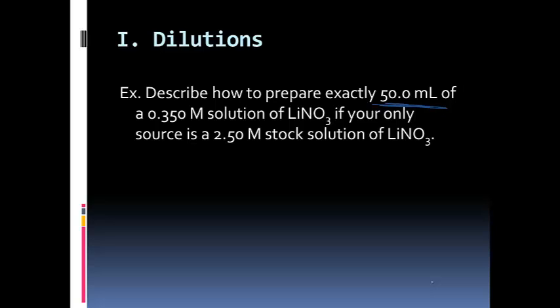You can't make more than 50. You can't say, I'll make a liter and then just take 50 of it. You have to make only 50 mLs. The solution's concentration has to be 0.350 molar. You're using lithium nitrate as a solute, and your only source of it is a big container of 2.50 molar lithium nitrate solution.